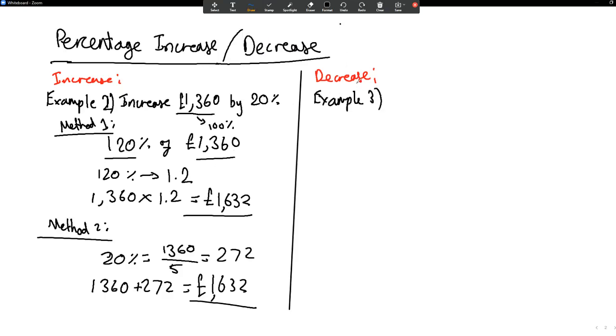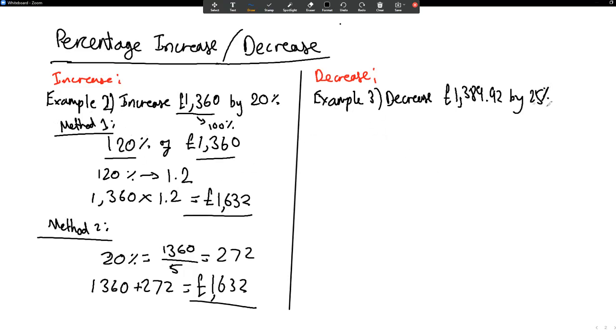Okay. Now let's say we want to decrease 1,389.92 by 25%. So this one would be very tough to do without a calculator, so I'll only show you method 1.